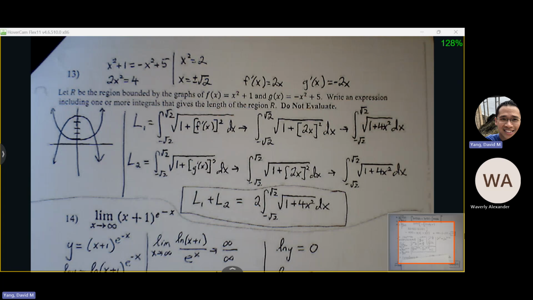Write an expression that includes one or more integrals that gives the length of the region R. So we're trying to figure out the length of this region here. If we could take this region and put it on a string and straighten it out, if we're measuring it, what would the length be? We want to use arc length because arc length allows us to measure the distance of a curved region. So we can find the length from here to here, and then the length from here to here, and both will be their own arc length formula.